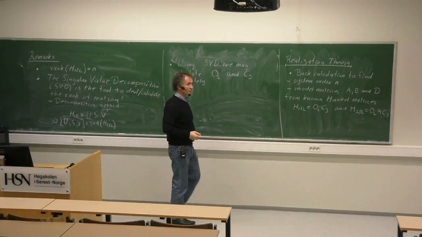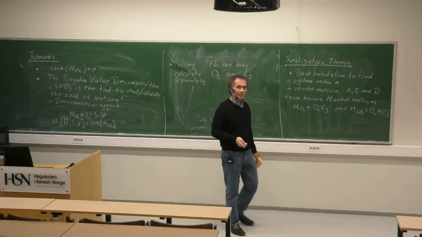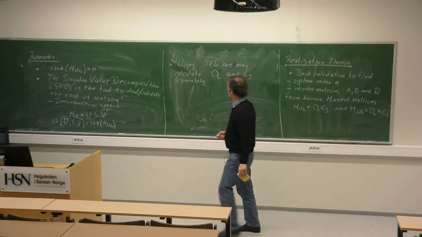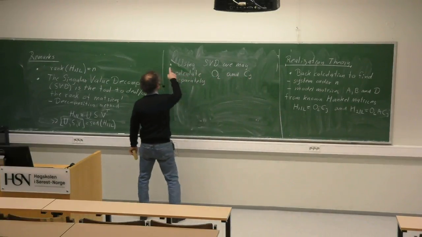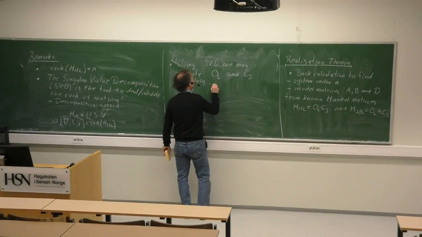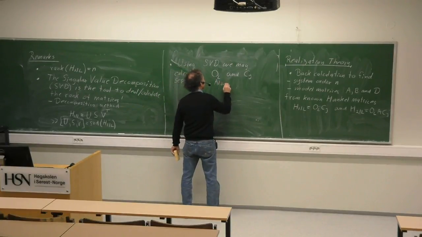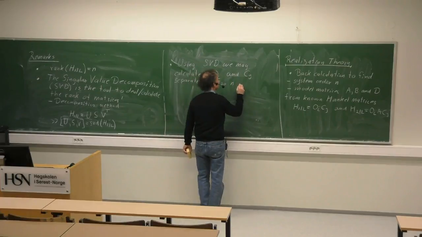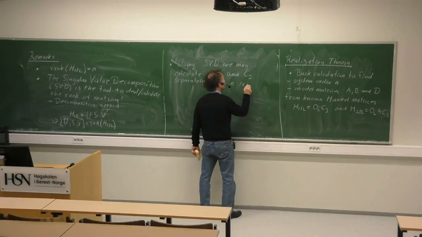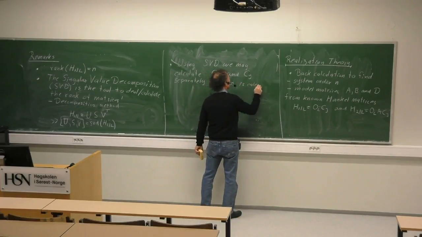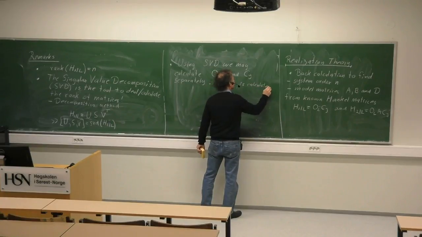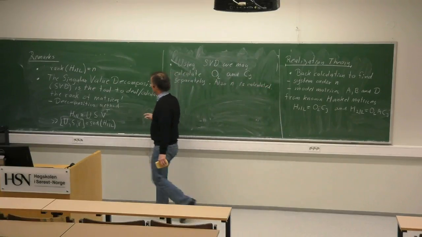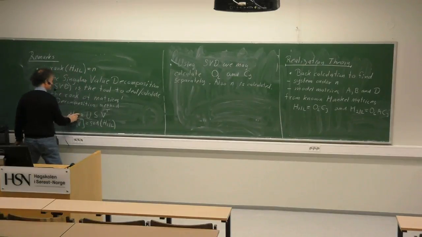And remember, when the observability matrix is known, N is calculated, the system order. It is actually the rank of this Hankel matrix.